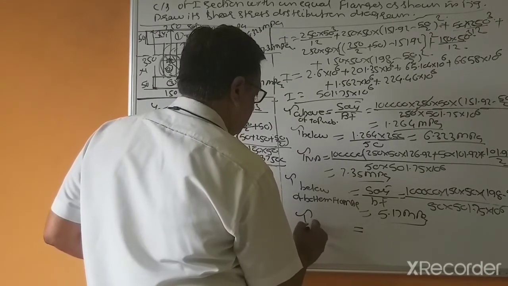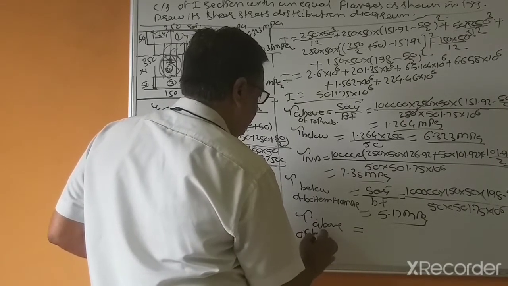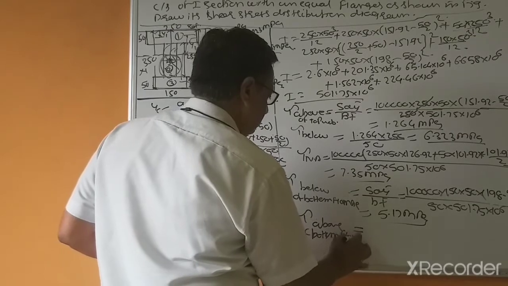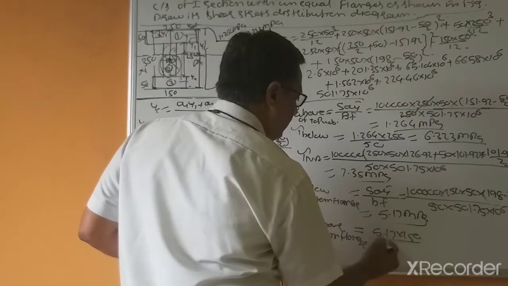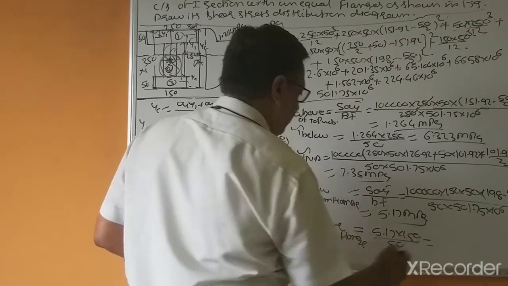Now this is above of bottom flange. This is equal to 150 divided by 50.